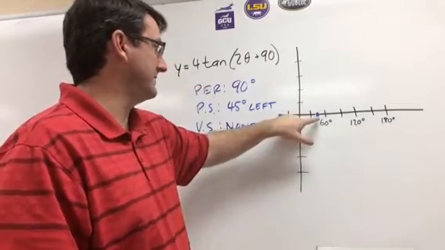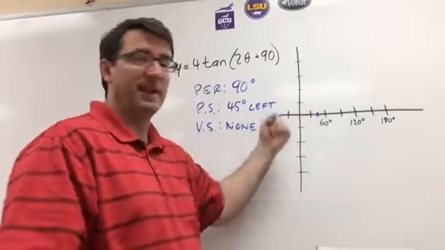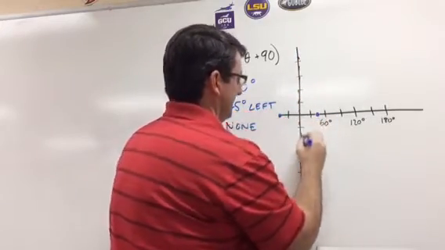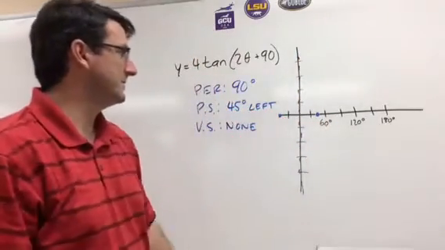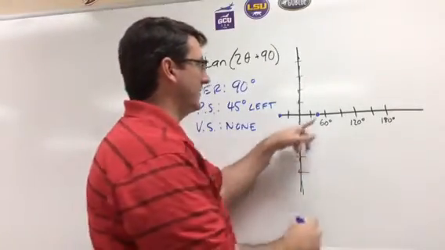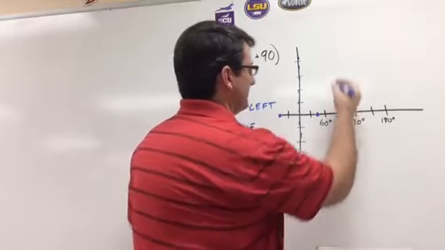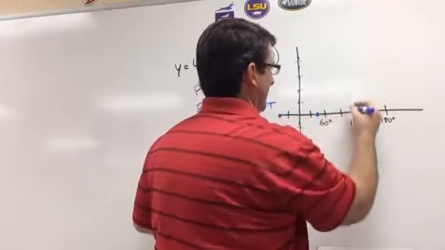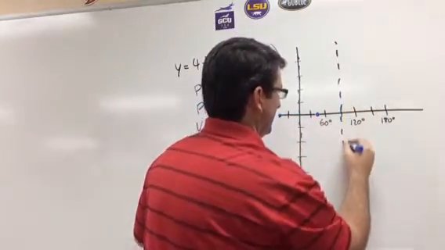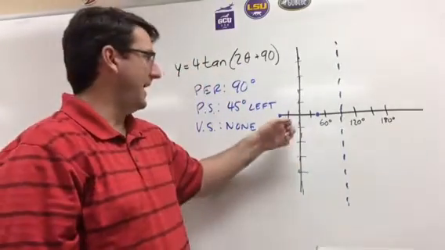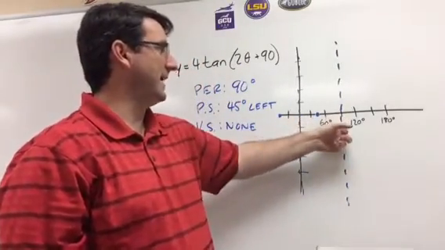A half a period, so that's 45 degrees, to the left puts us right on the y-axis. So that's our first asymptote. And then we're going to have another asymptote a half a period to the right. So 45 degrees to the right puts us at 90 degrees. So there are our first two asymptotes at the y-axis and at 90 degrees.